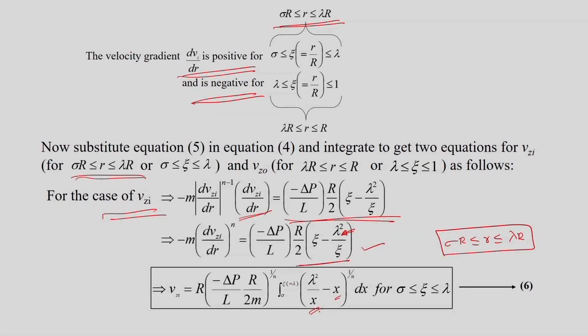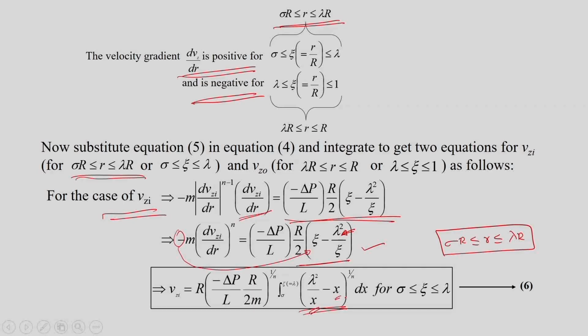If you write it in terms of the dummy variable, before integration this minus sign I can take to the other side, so that it will be lambda square by zeta minus zeta, right. That is the reason it is written reversed here. Okay. This x is a dummy variable that we have written because here it is in zeta terms, here it is a dr term, and we do not know lambda.